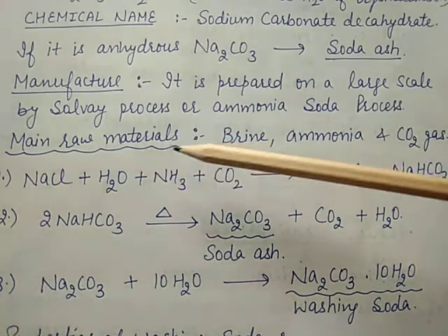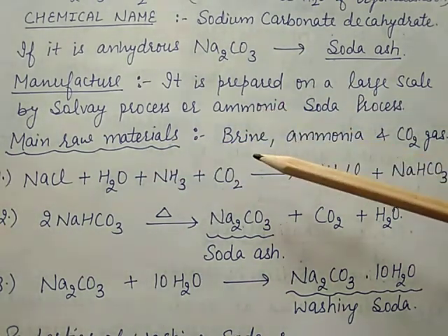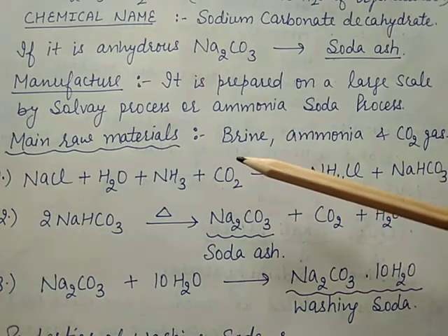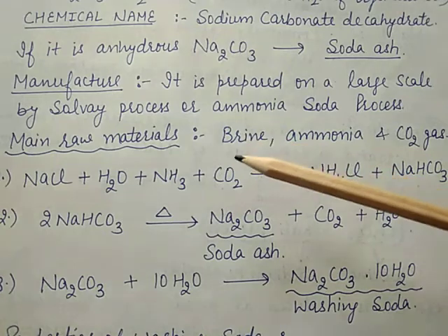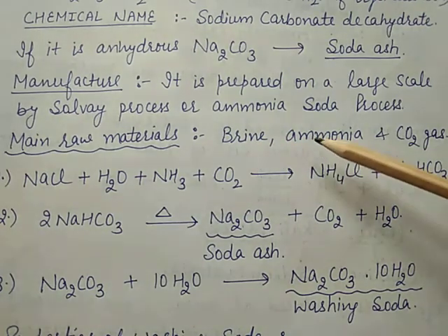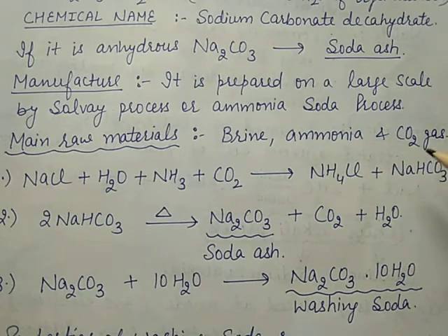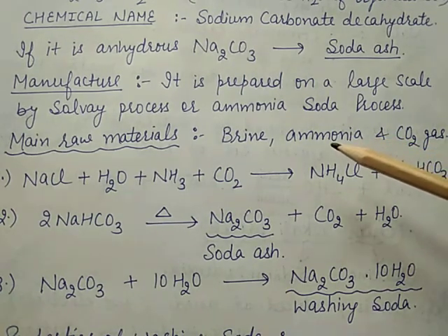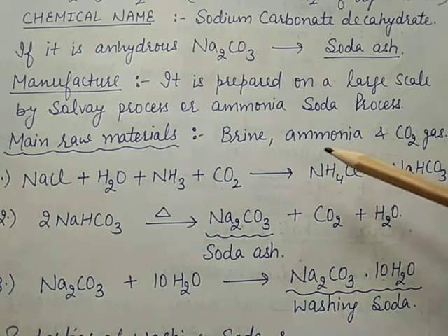The main raw materials are brine, which means a 30% NaCl solution prepared in water, ammonia, and CO2. These are the raw materials used in the manufacture of washing soda.